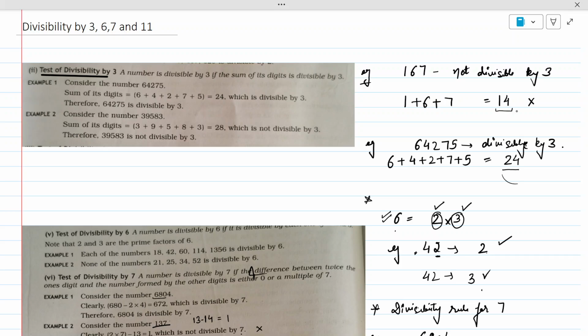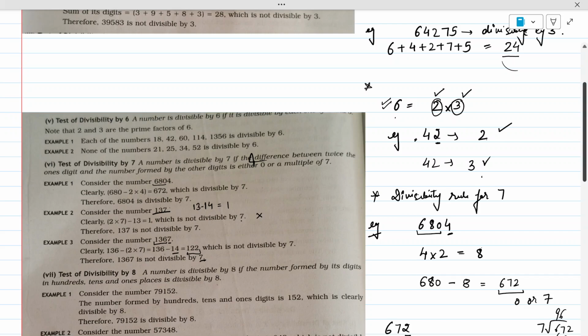If that sum is divisible, that means the complete number is divisible, otherwise it is not. The same is mentioned here. Next, we learned 6. A number is divisible by 6 if it is divisible by both 2 and 3. Only then will the number be divisible by 6.